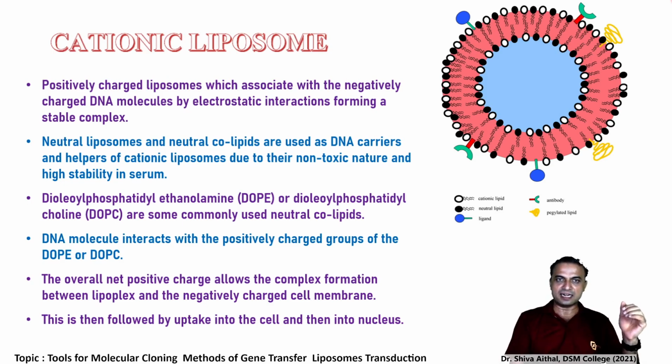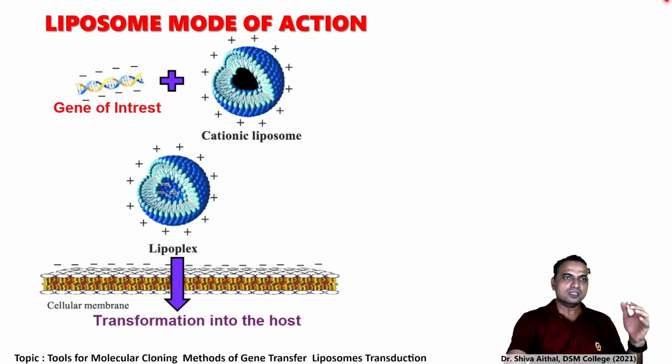So this is how a cationic liposome functions. In the liposome mode of action, as you can see, the gene of interest is entrapped into this cationic liposome. The negatively charged DNA just enters inside. There is a core concentrated material of the DNA, and this lipoplex is then introduced to the host cell, where the phospholipid layer merges or fuses with the cell membrane and transformation of the host can easily take place.